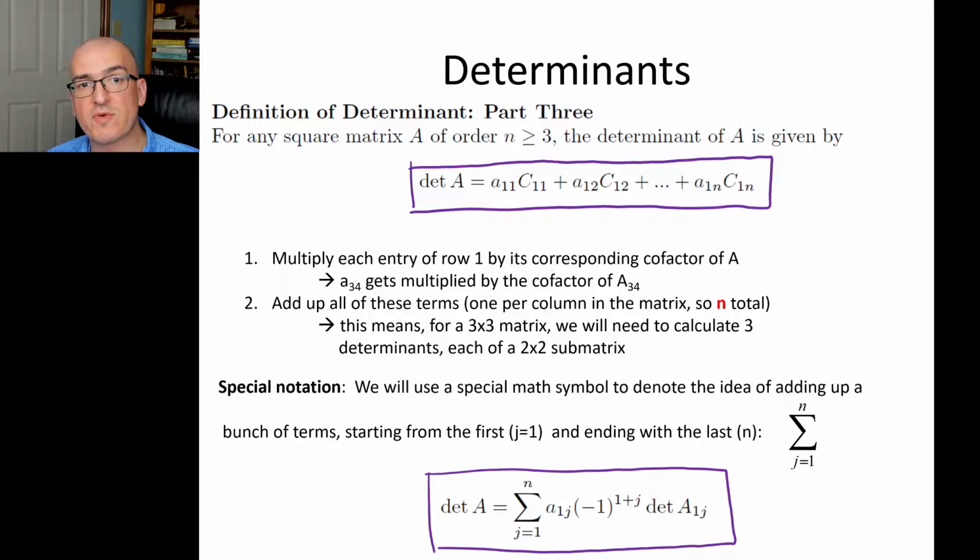The first term of that sum is A11, multiplied by negative 1 to the power of 1 plus 1, multiplied by the determinant of A11.